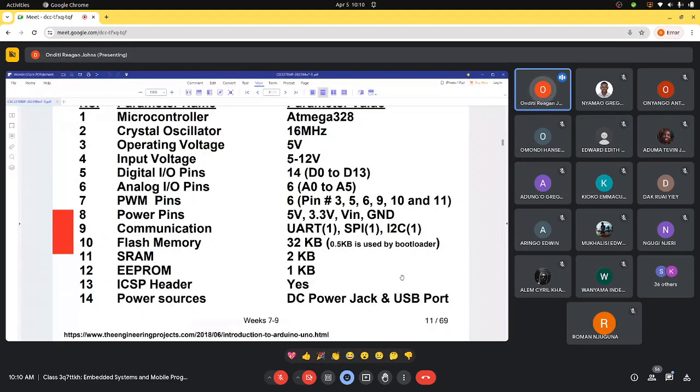So those 14 parameters are very important, and I want you to take your time and understand each and every component on the Arduino board.